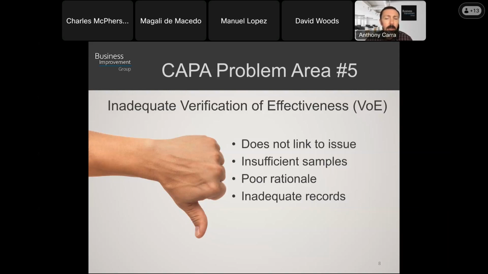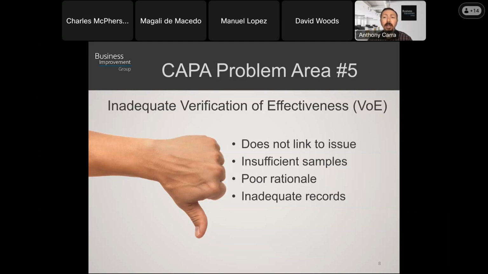Folks are feeling a little bit of pressure to close CAPAs under a certain timeline, and as such may shorten their sampling period, which in turn gives insufficient samples. So I do see folks struggling with insufficient samples in the VOE, and similarly poor rationale for what they're measuring or the samples that they have.